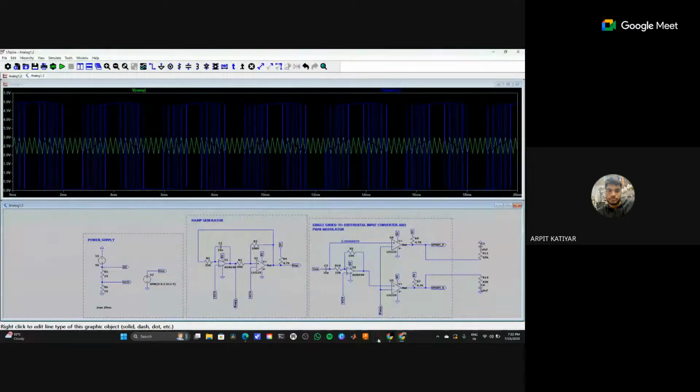So that is the blue waveform. That is PWM. Arpit, your voice is breaking, so we can't understand what you are asking.